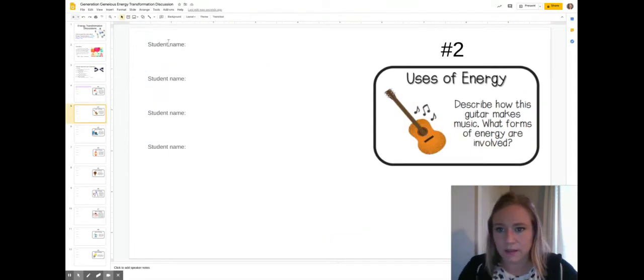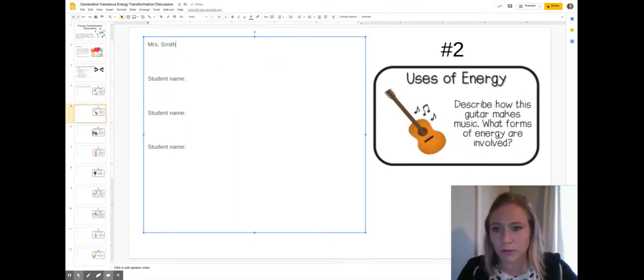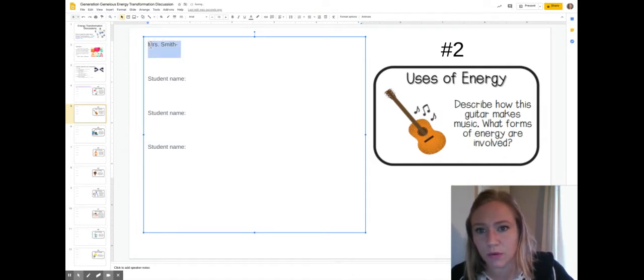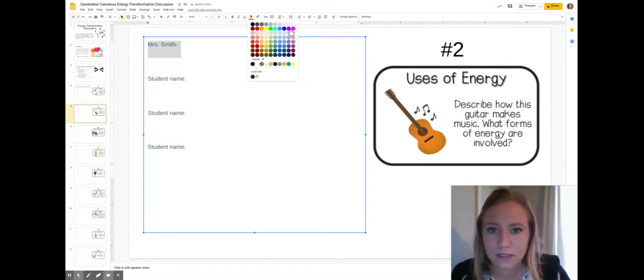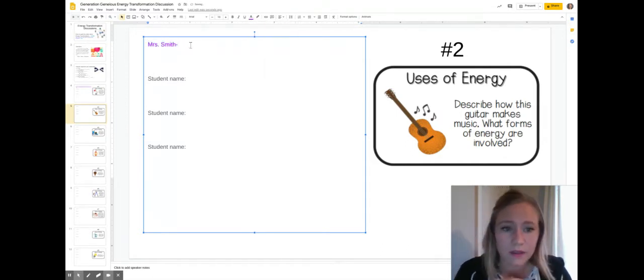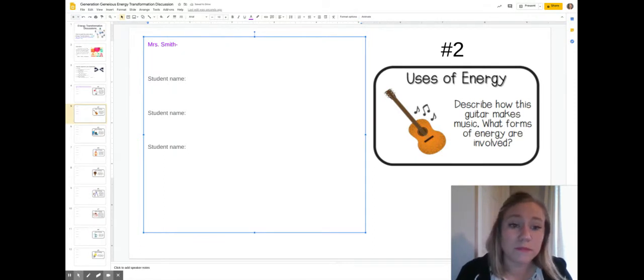And again, Mrs. Smith is going to be purple because I'm going to keep this consistent through all of my discussion. Describe how this guitar makes music. What forms of energy are involved? Okay, this is more of an open-ended question where you might be able to really add to what somebody else is thinking.